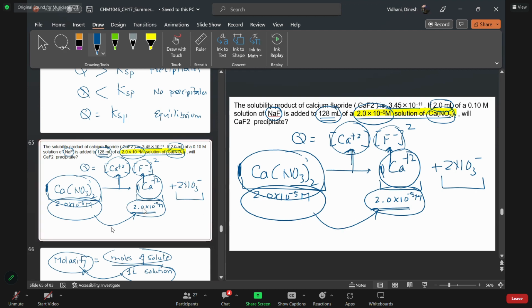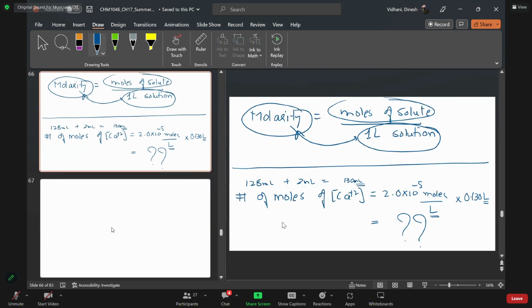Well, I go back. Look over here at what I've done. Should I be adding 2 milliliters right away? The answer is no. Why? Because I want to know how many moles I started with to begin with. I should be looking at 128 milliliters, not 130. 130 will come at a later stage, right?